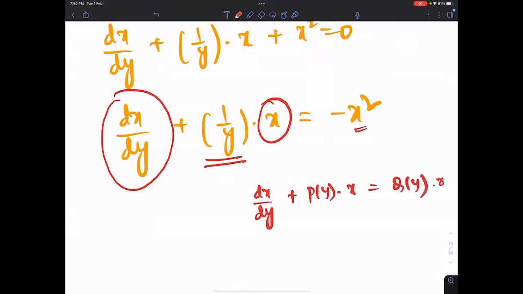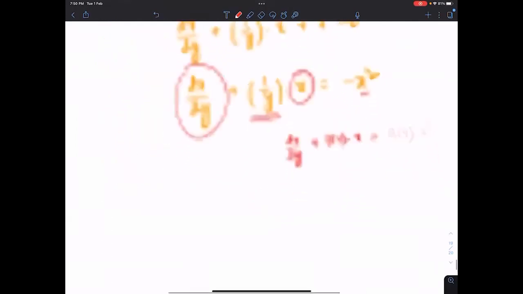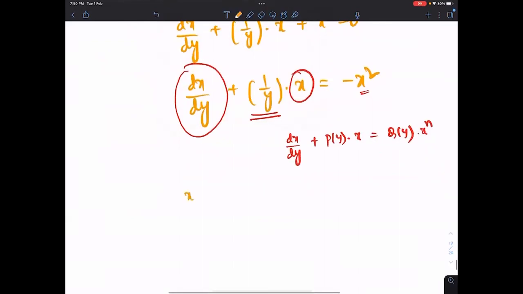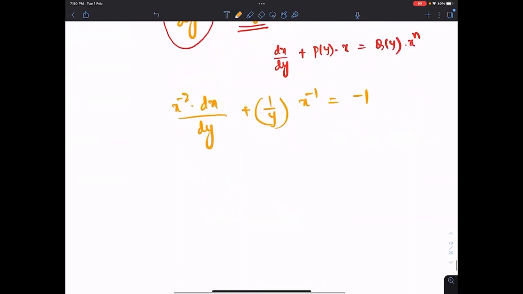But here again x power n is coming, just like Bernoulli's in y. What you have to do is divide by that x square. If you divide by x square, what do you get? x power minus 2 into dx by dy plus 1 by y into x power minus 1 equals minus 1.